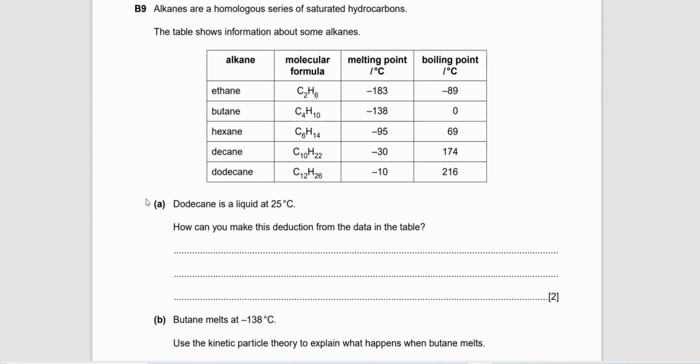Alkanes are a homologous series of the saturated hydrocarbons. The table shows the information about some alkanes. We can see over here, lubricants is liquid at 25 centigrade. So how can we make the deduction from that idea? When something is liquid at room temperature, 25 centigrade, its melting point is lower than that and the boiling point is higher than that, so that's why at room temperature it exists as a liquid.